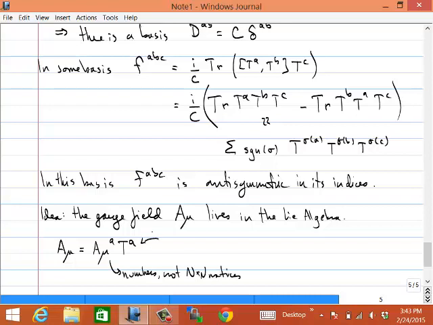And these T a's are the generators of SU(N). So, for example, an SU(2) gauge theory is one where you have 3 gauge fields, 3 versions of the electromagnetic field, A mu 1, A mu 2, and A mu 3.